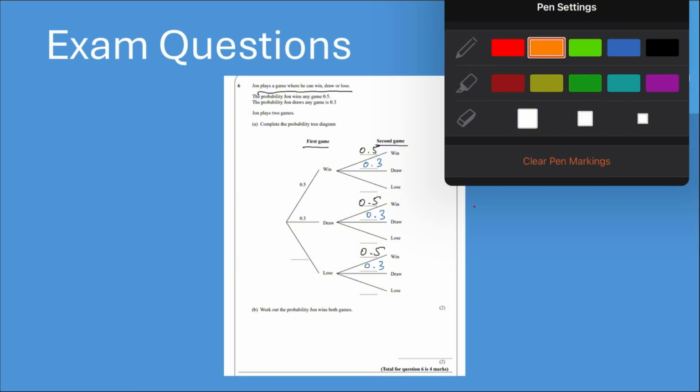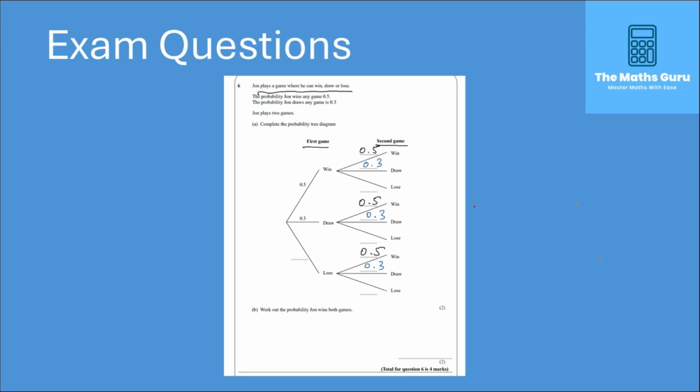Okay, so we know that in any situation, so in any event, the probabilities are going to add to 1. So looking at the first game as our first event, we know that the probabilities that he wins, draws, and loses will all add up to 1.